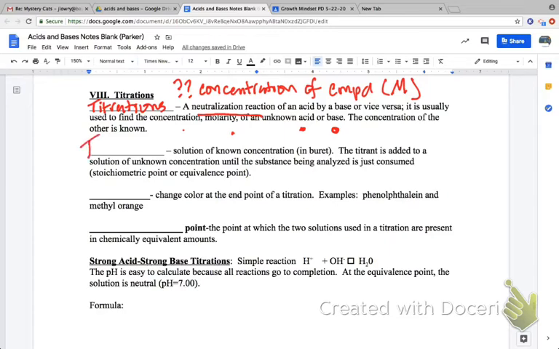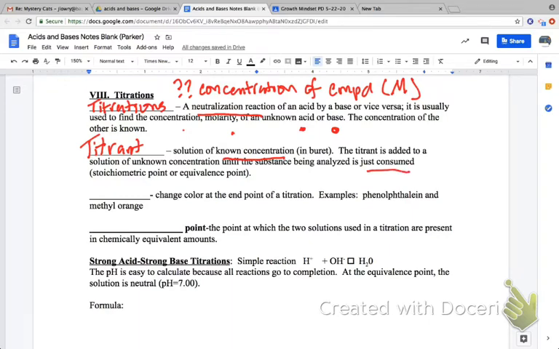The titrant is a solution of known concentration, and it's in the burette. The titrant is added to the solution of unknown concentration until the substance being analyzed is just consumed.